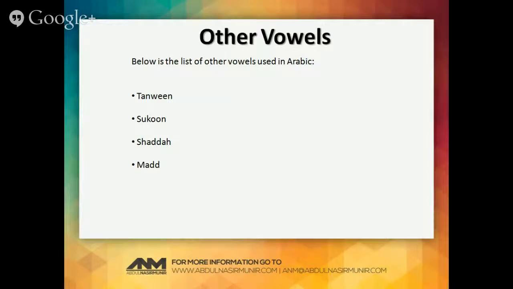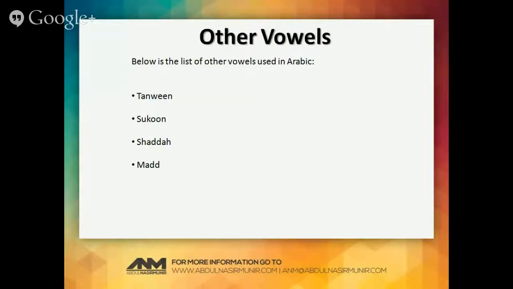We also looked into how we can replace the alif with fatha qa'ima, kasra qa'ima and dhamma maqluba. So we had two harakat for each. Inshallah, now we're going to move on to other vowels.